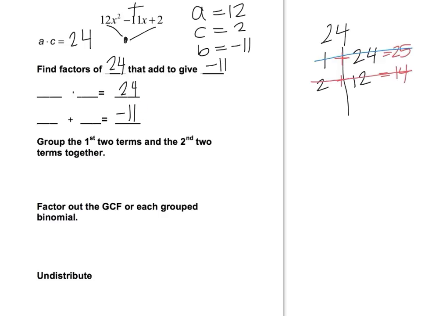So that means whatever choice I put over here, it has to add up to a negative number. So what multiplies to give me 24? Now, to get a positive 24, you have to multiply two negative numbers, because negative 2 times negative 12, a negative and a negative, if you multiply them, will give you a positive, and that's positive 24. So if I add those two numbers, I get negative 14.